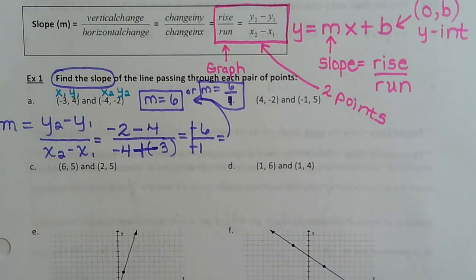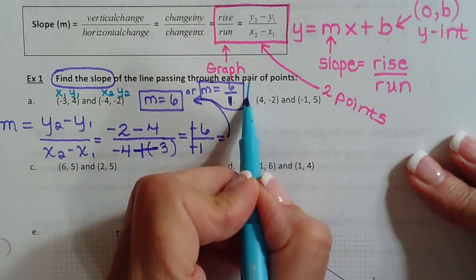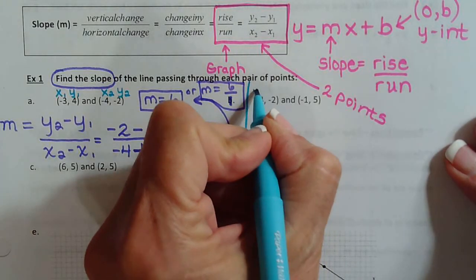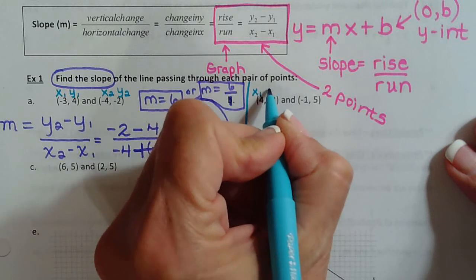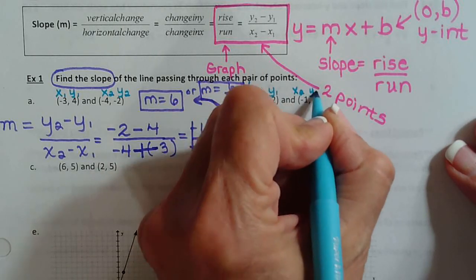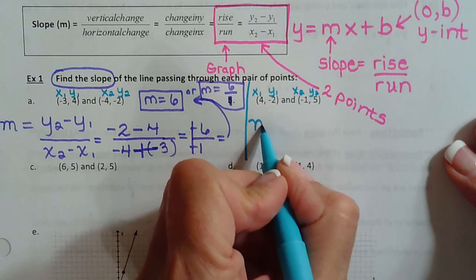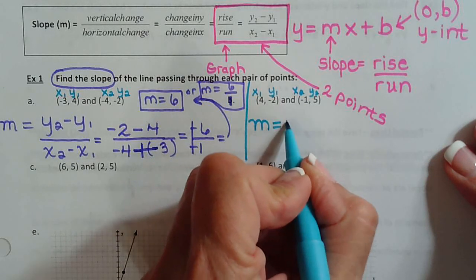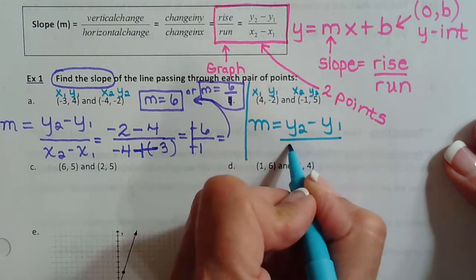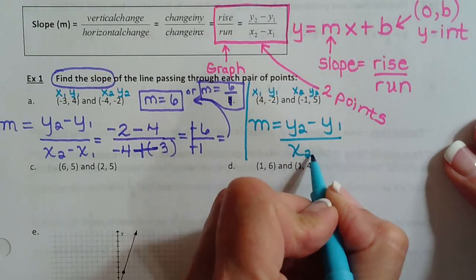Okay, let's do one more together. And then, like I said, I would recommend you shutting off your computer and try the next two on your own. So let's label our points again. First x, first y, second x, second y. Then let's write the formula to help us remember it. Second y minus first y over second x minus first x.